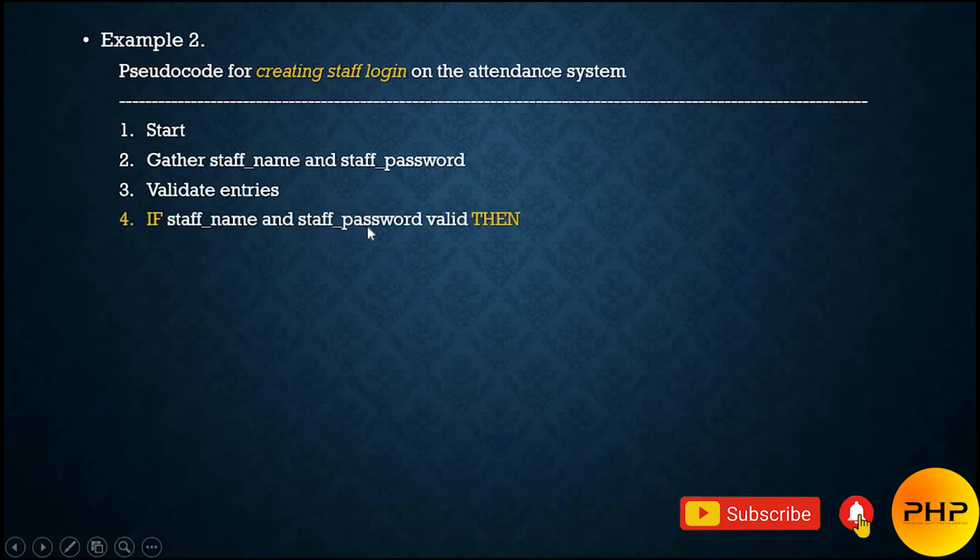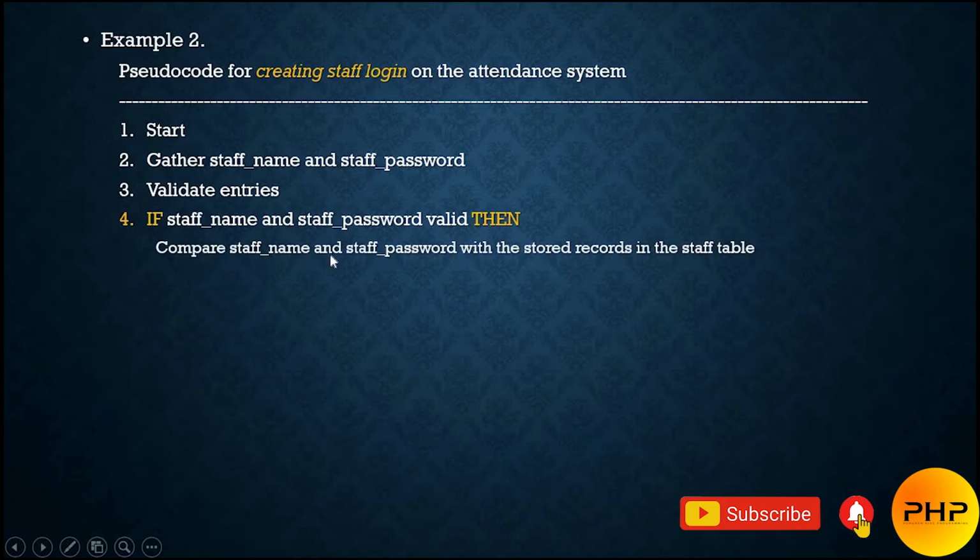So if the staff name and the password are valid, then you compare the staff name and the password with the data captured in the staff table. If the staff name and the password are found in the staff table, you redirect the user; we call a procedure or function to redirect the user.